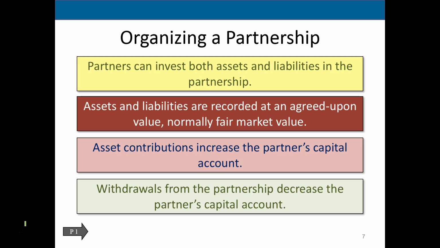So an at-risk contribution increases the partner's capital account. The easiest journal entry to think about is when we're starting a partnership from scratch. If someone puts in $10,000 cash, we debit cash, the partnership's checking account, for $10,000, and we credit the partner's capital account. Before, with a sole proprietor, where we only had one individual, when the individual started the company, they may have debited cash and credited their owner's equity capital account.